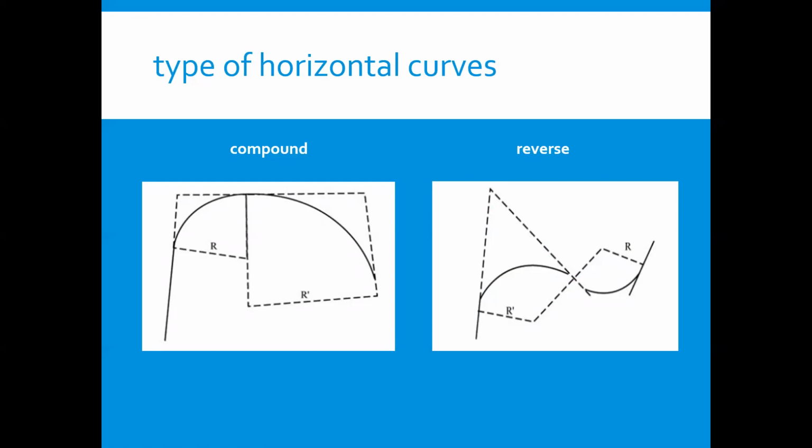Desirably, reverse curves should not be used unless there is sufficient distance between the curves to introduce full superelevation of the two curves and provide not greater than the standard rate of change of crossfall for the particular speed.